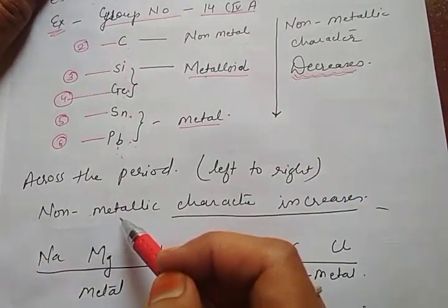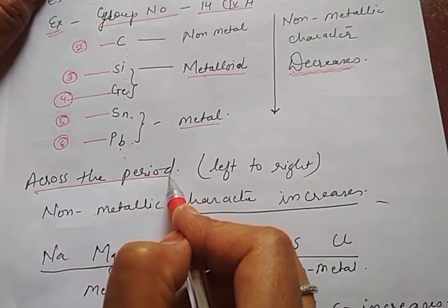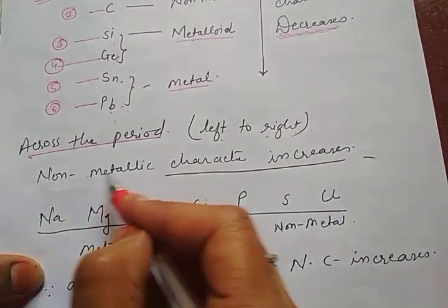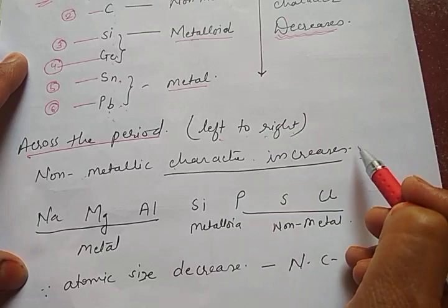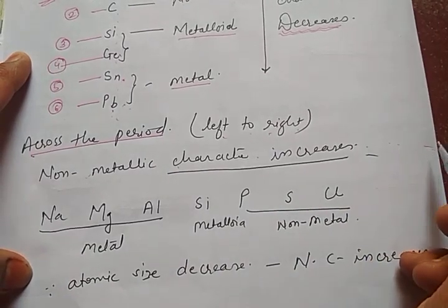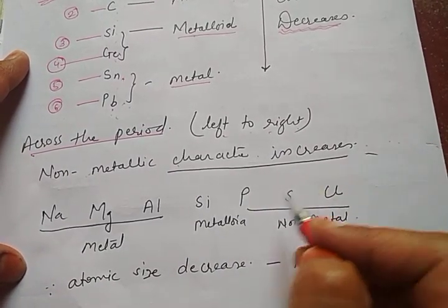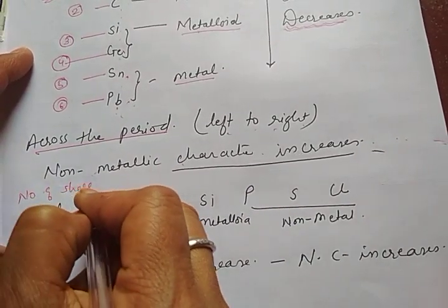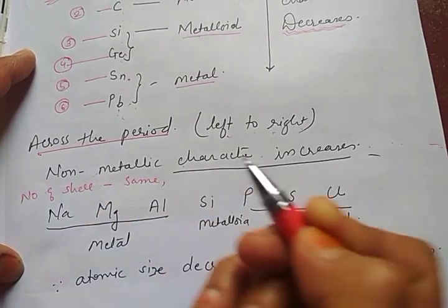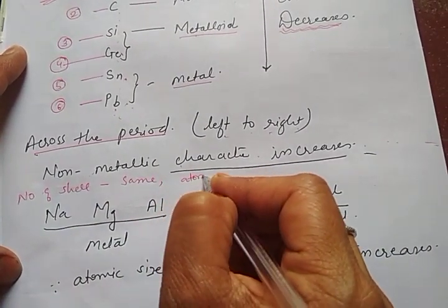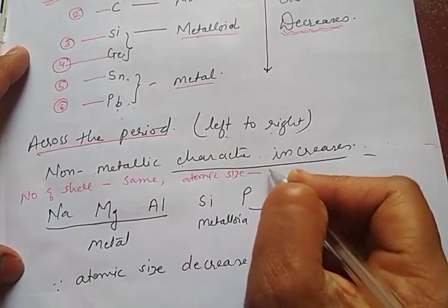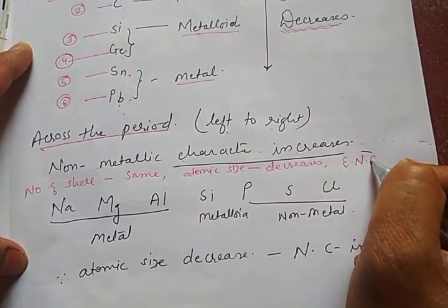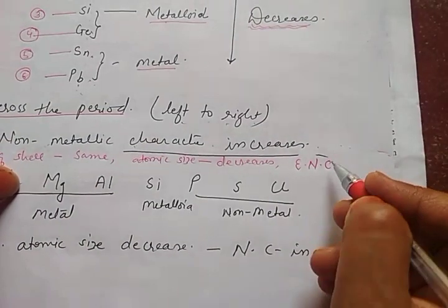Now across a period: how does it change when we move from left to right? Non-metallic character increases from left to right, because in a period the number of shells remains the same, the atomic size decreases and the effective nuclear charge increases.